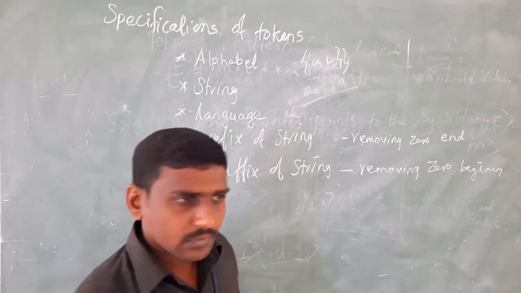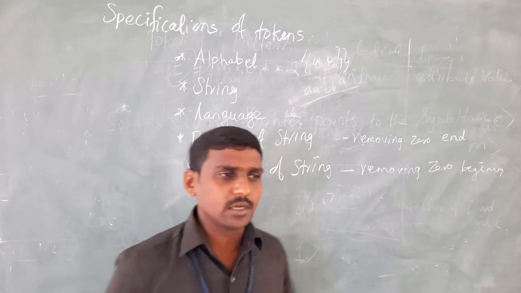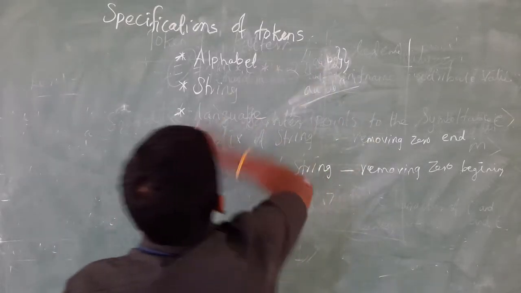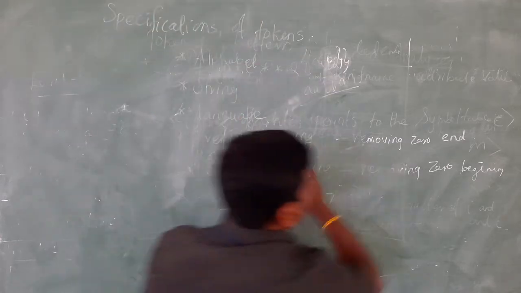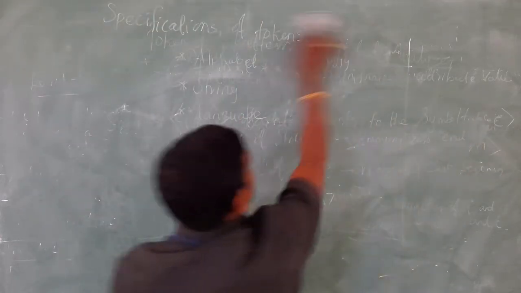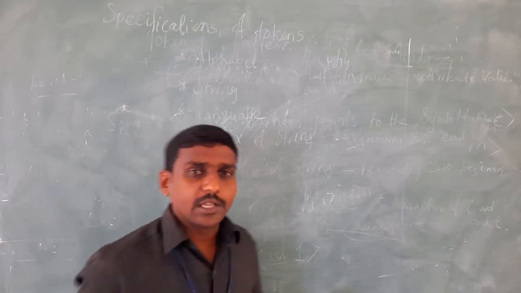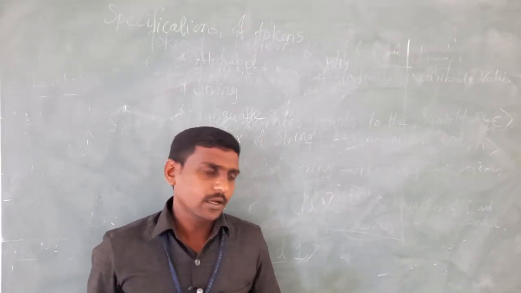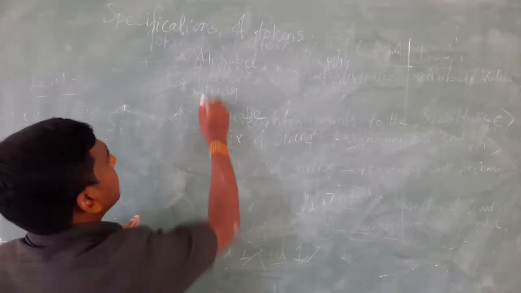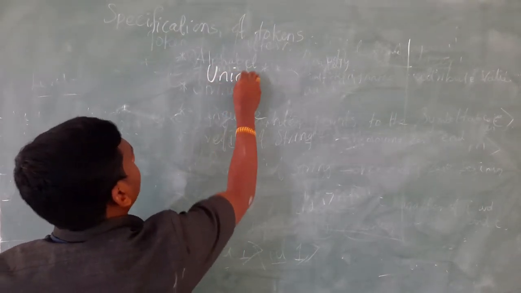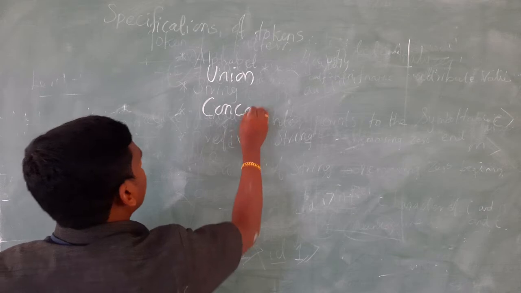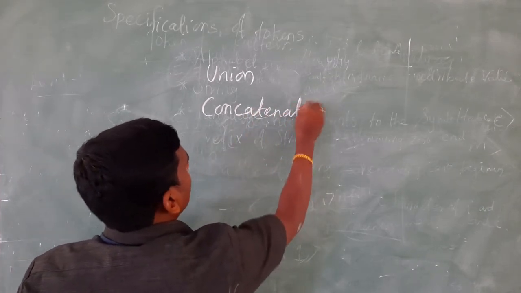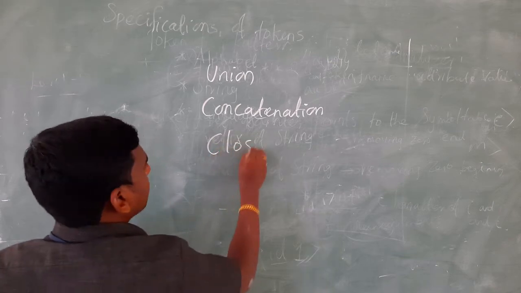And the next one is regular expression. Last semester we studied what a regular expression is. You know what a regular expression is? Using a regular expression, we can easily describe finite automata. We have a few operators: union, concatenation and closure.